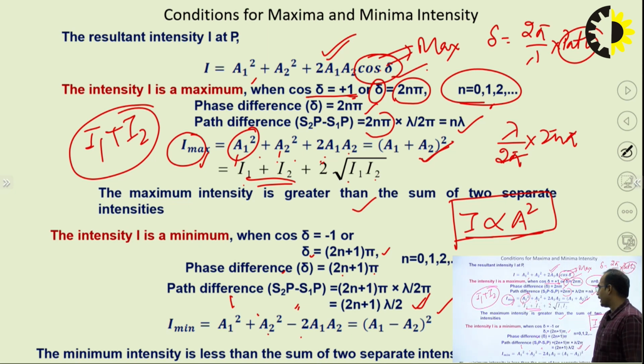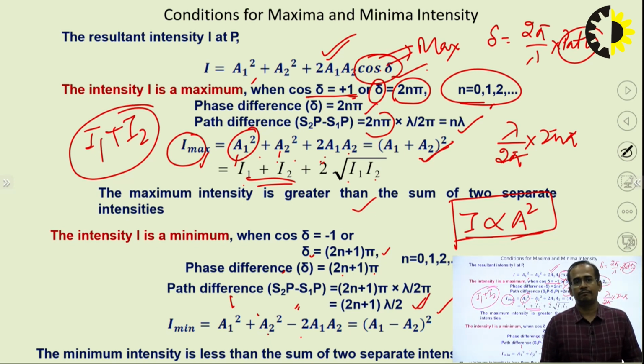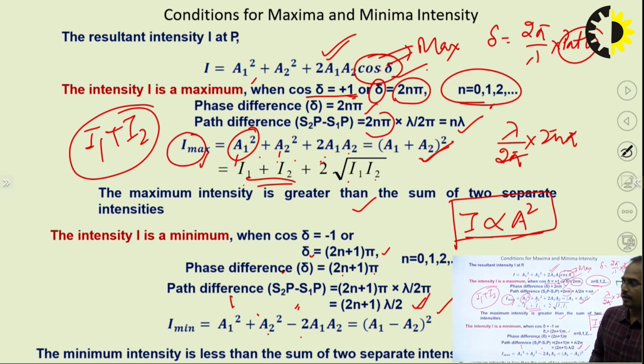So this is the method of how you can find the maximum and minimum intensities, and using this formula you can also calculate the path difference, phase difference and intensities of the waves which are passing through the double slits.